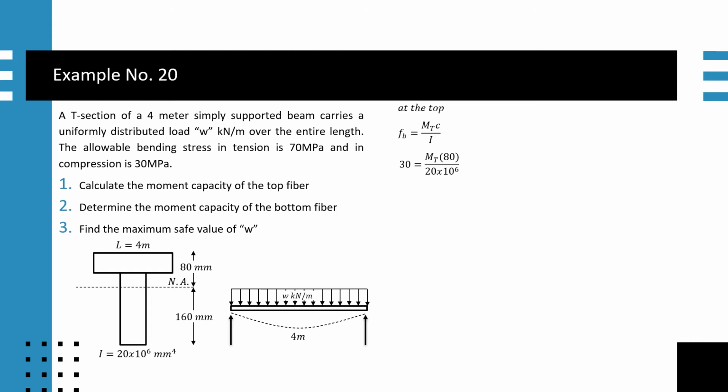So, dito, 30 yung nilagay natin kasi ang compression natin is nasa taas. So, compression is 30. So, that is 30 is equal to MT times 80 over 20 times 10 raised to 6. So, yan. Sasalpak mo lang naman lahat yan. So, the value of MT is 7.5 kilonewton meter.